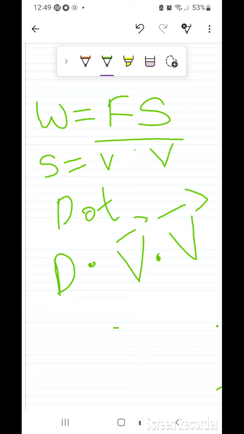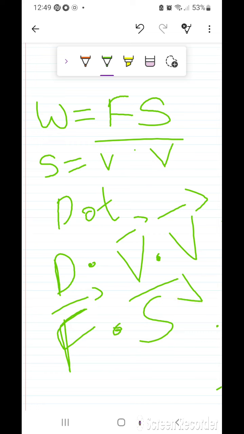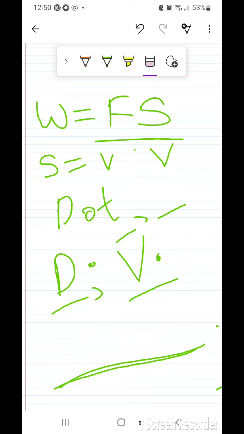And whenever there is a cross multiplication, cross product between vectors, there is a vector result. So here it is F vector into S vector, and it is a dot product. I am highlighting this. It is a dot product. That's why we are getting our answer in scalar.